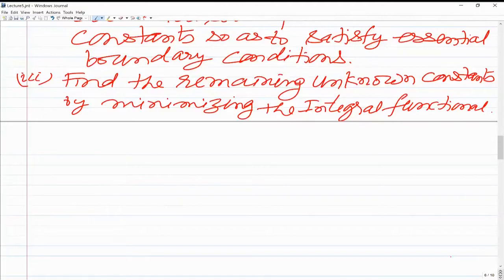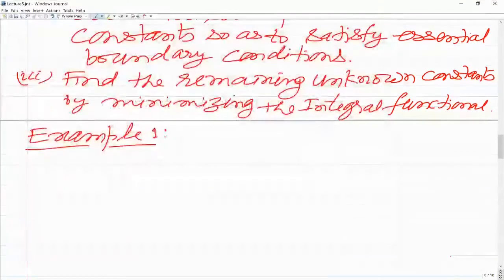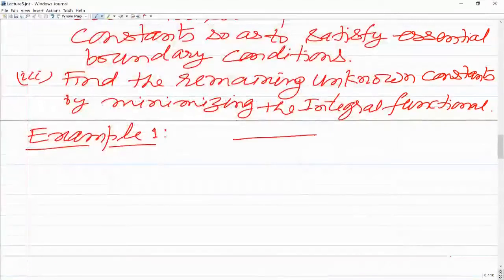Now let me take the same example again. Across all the methods I have been taking these two examples, and of course when you go through the assignment you will learn how to do it for the other cases. It is essentially going to be the same, the steps are the same. So example one, I am taking this rod under axial load.